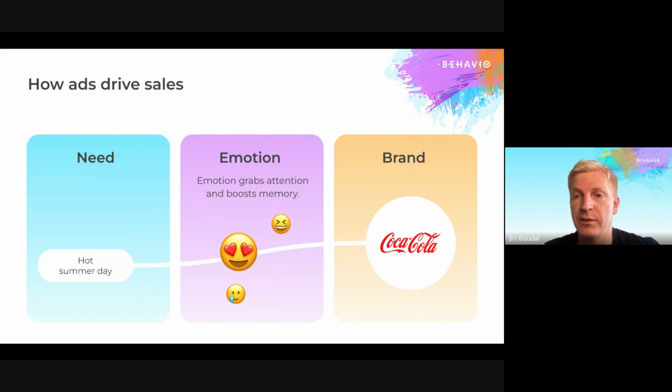When we feel emotion, happiness, fear, anything, or something is funny, we immediately pay more attention. We're much less likely to skip the ad, and our memory building is on turbo at that time. Anything we see with high emotion, we remember more.